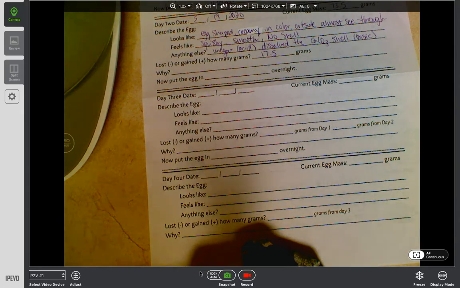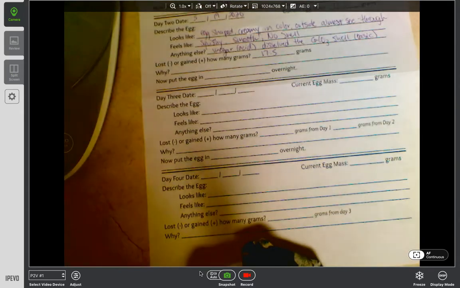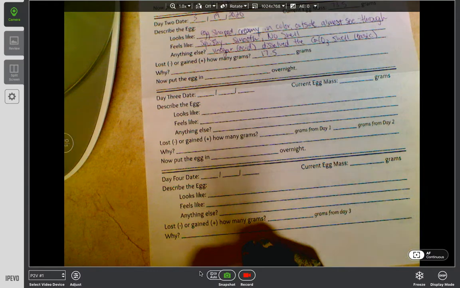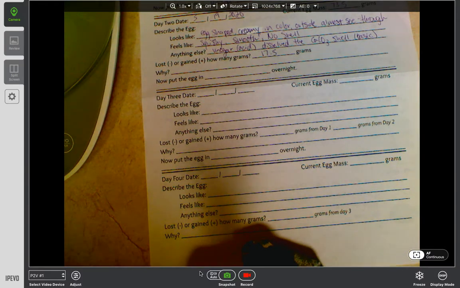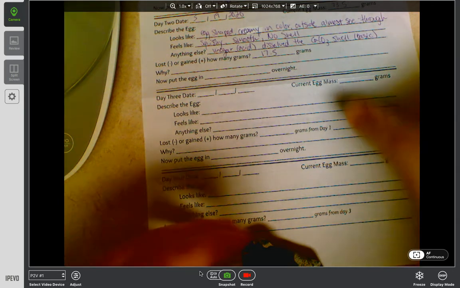It's because of osmosis, people. Osmosis means that liquids pass through a membrane, or water is able to pass through a membrane. Vinegar is not just acetic acid, which is what makes up part of vinegar. Vinegar is made up of water as well. So some of that water, some of that liquid from our vinegar passed into the egg.